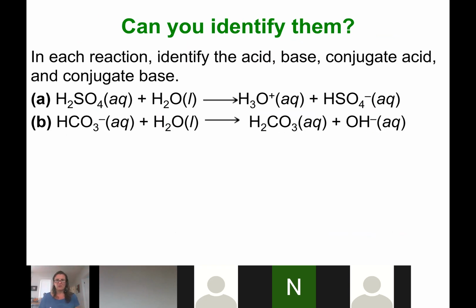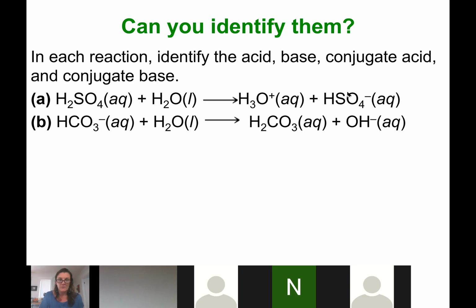Okay, so let's look at these two reactions. We have H2SO4 reacts with water to make H3O+ and HSO4-. So you want to be able to look at this and determine the pairs, the pairs of things in terms of the acid and its conjugate base. So I always do water last because it can be an acid or a base, and so I look at the things that it's surrounded by. So here I have H2SO4, and on the product side I have HSO4-.